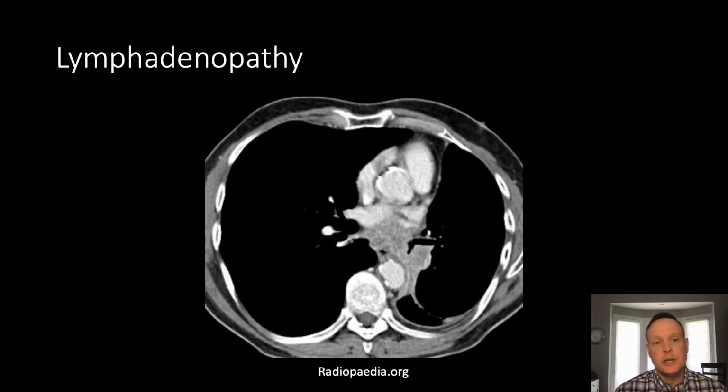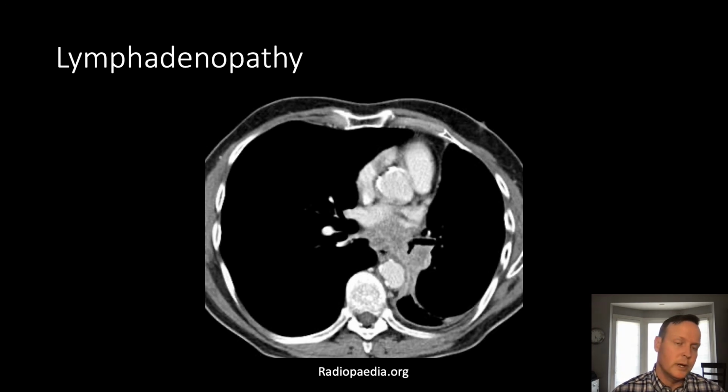Another manifestation of malignancy in the chest is lymphadenopathy, and there are certain lymph node groups which are most commonly involved when you have a malignancy in the chest. Those are particularly the mediastinal lymph nodes along the airways, so in the paratracheal distribution. Here we're seeing subcarinal and left hilar lymphadenopathy. Depending on the type of malignancy, it can also be along the periesophageal distribution.